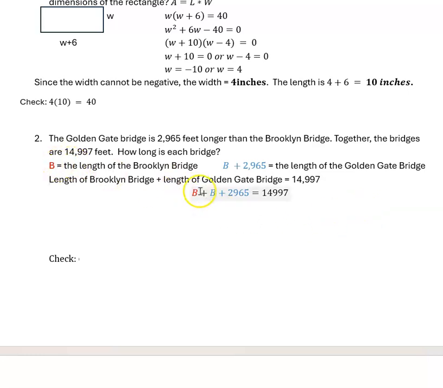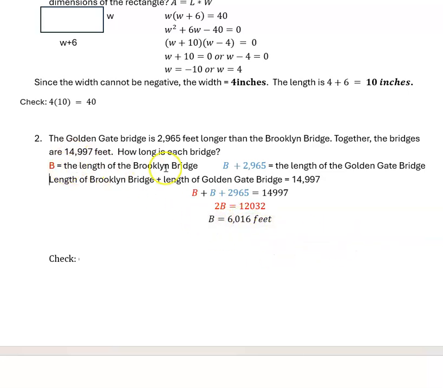You have to include the Brooklyn Bridge as well as the Golden Gate. A very common mistake is for people just to do B plus 2,965 and forget about the Brooklyn, but the 2 bridges have to both be represented. Solving that, B plus B is 2B. Subtract 2,965 from both sides, and that leaves 12,032. And then we're going to divide both sides by 2 to find out that B is 6,116 feet.